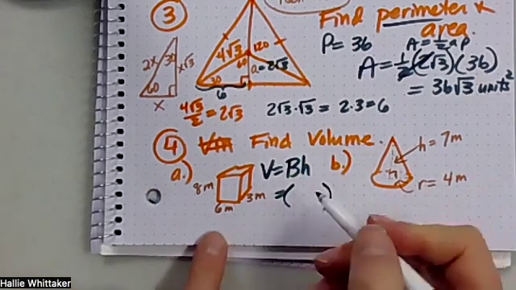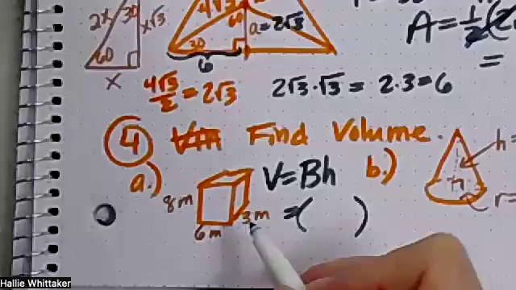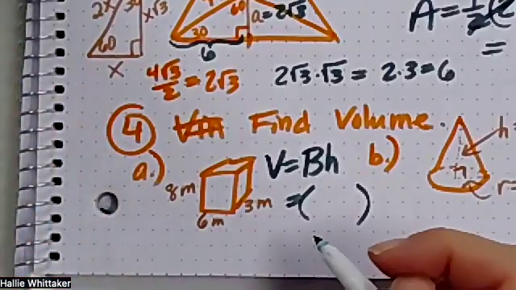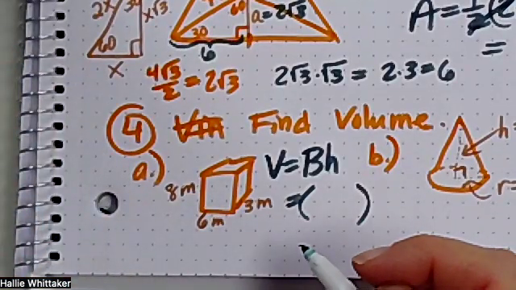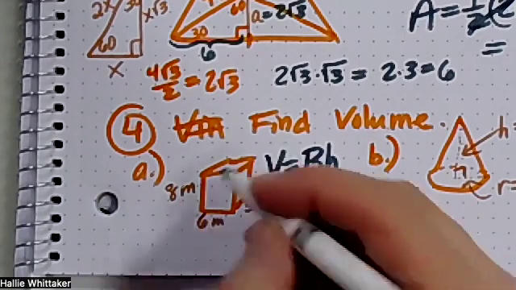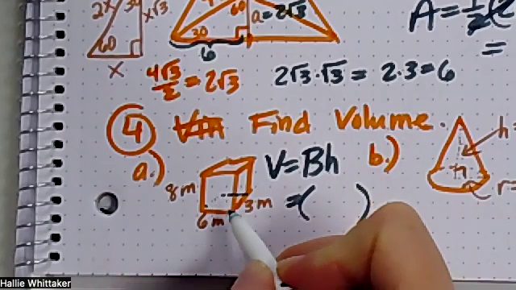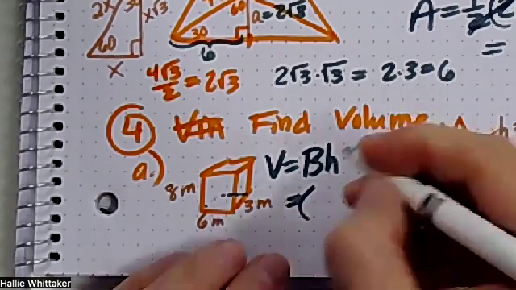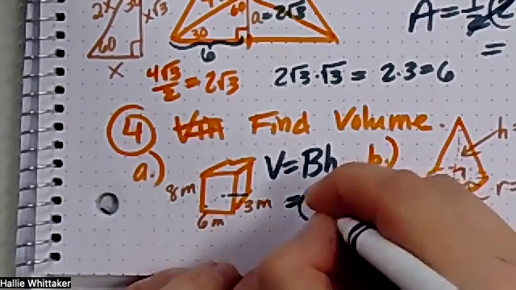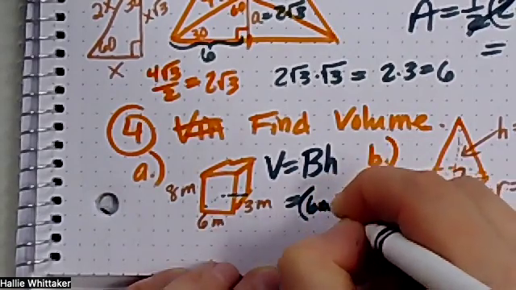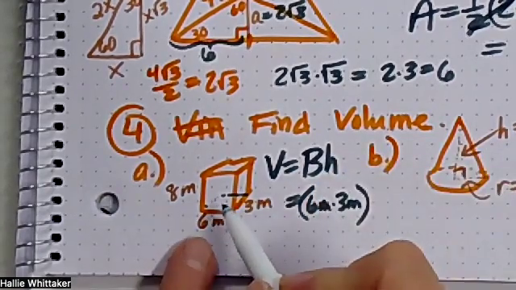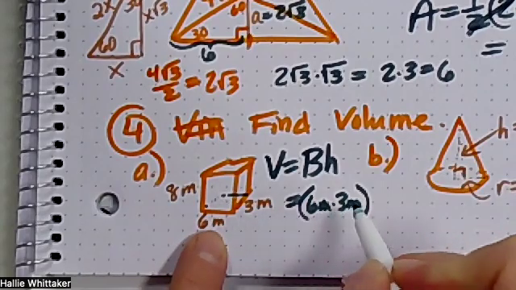So, Samuel, how would you find the area of the base for this one? 8 times 6. Tell you what, you could if you flipped it that way, but let's look at the bottom. And again, you're going to get the same answer as this, and maybe this is a good way to prove it. So let's say the base is the bottom. It's going to be 6 times 3.